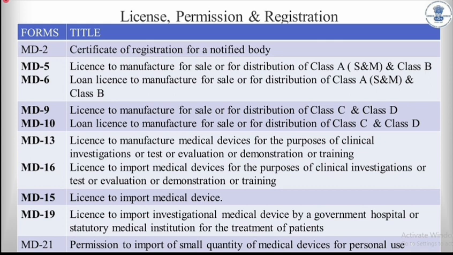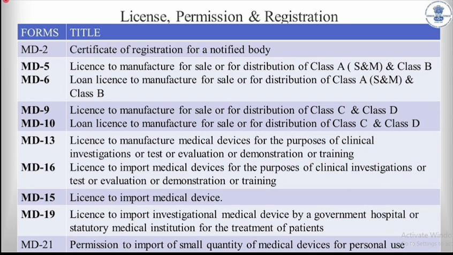As you all are biomedical engineers working in hospitals, many of the manufacturers may be trying to sell their products to the hospitals. At this time, you may ask for the license copy of these products, especially Class A and Class B devices, because all Class A and Class B devices are under licensing regime except the non-sterile and non-measuring devices, for which only registration is required.